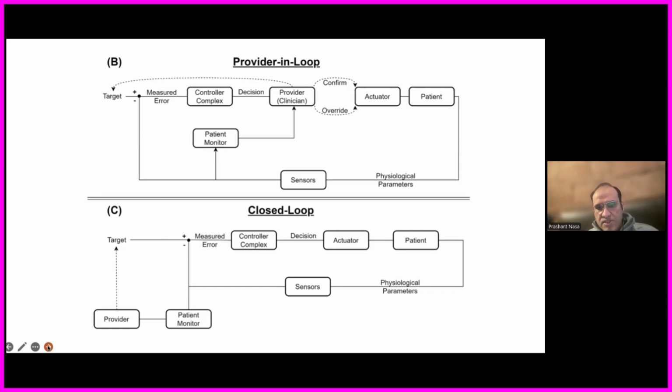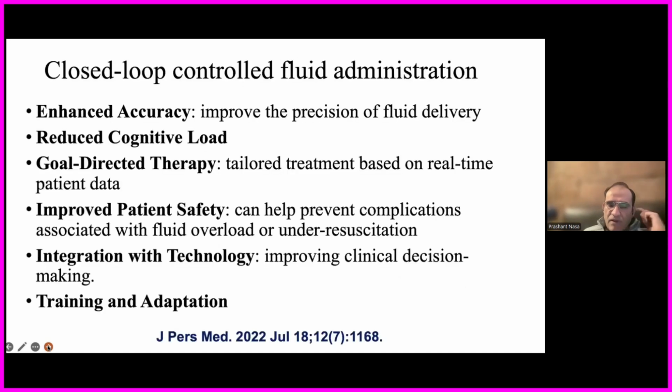So that information is again coming back to the machine in terms of a closed loop. So now, instead of a provider, you are putting a controller into the center of the system, and that is only guiding the clinician to make the decision of the right amount of IV fluid. That is something known as closed loop fluid management.